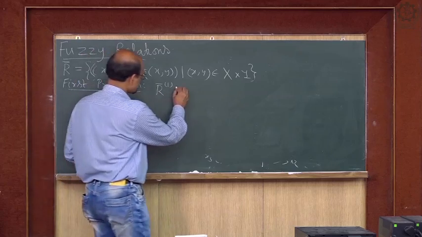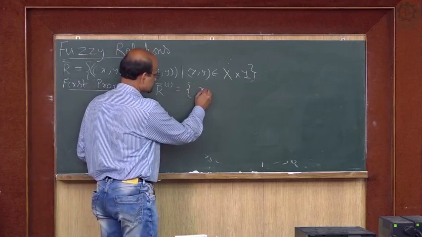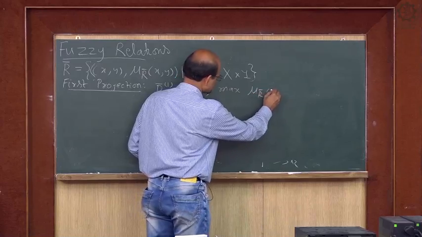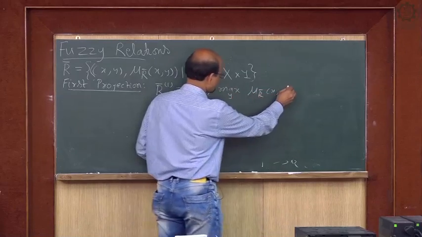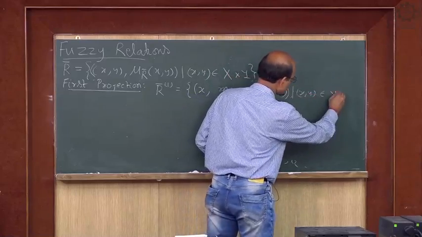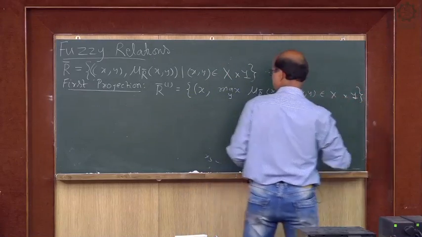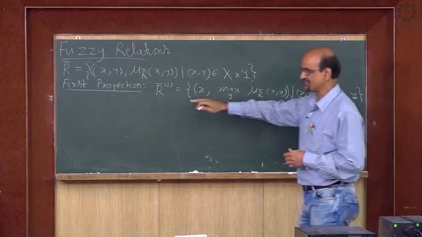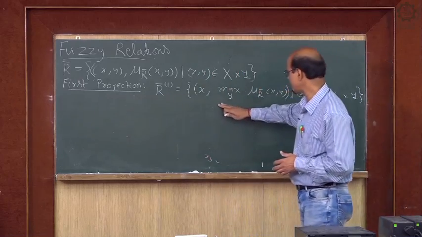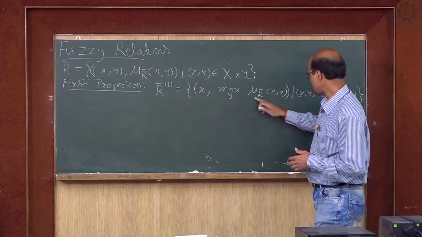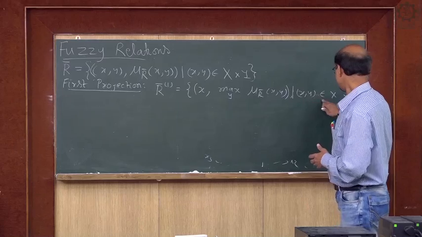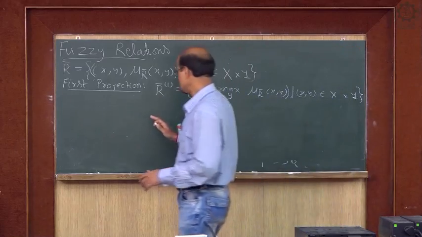We define this as x comma maximum of mu R bar x y over y, such that x y belongs to x cross y. We will take an example, then we will see what this is. It will be more clear when we take the example. First projection is defined as x comma maximum of mu R bar x y over all y, where x y belongs to x cross y.